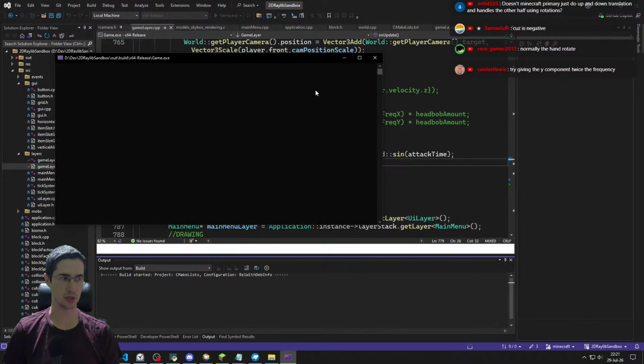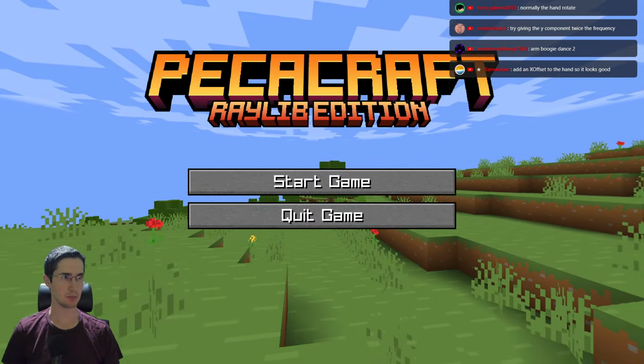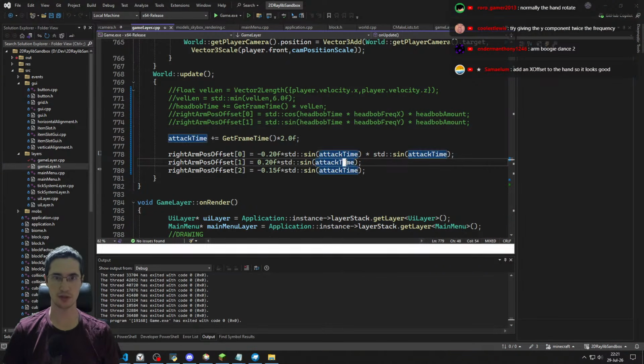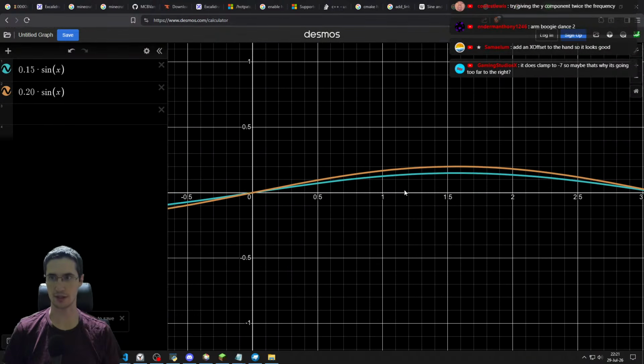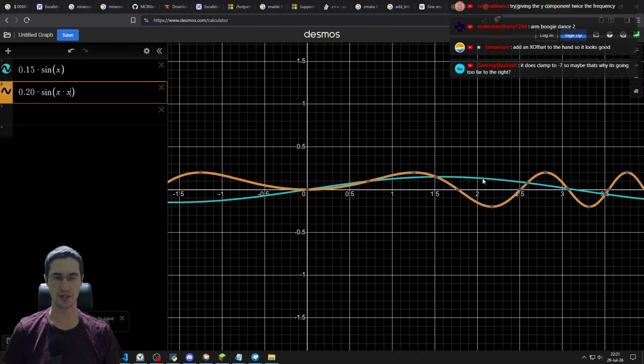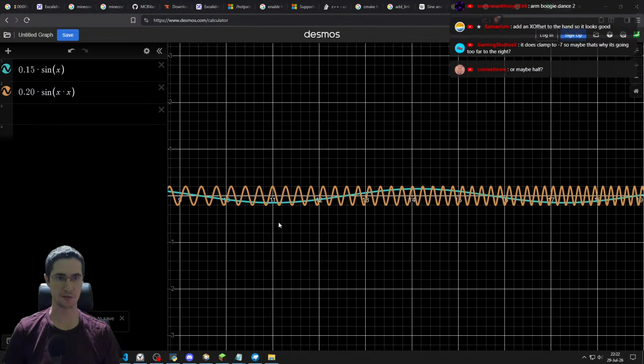The y component twice the frequency. Okay. Twice the frequency. How does it look like in the graph? So y component twice the... So it becomes faster and faster and faster with time.